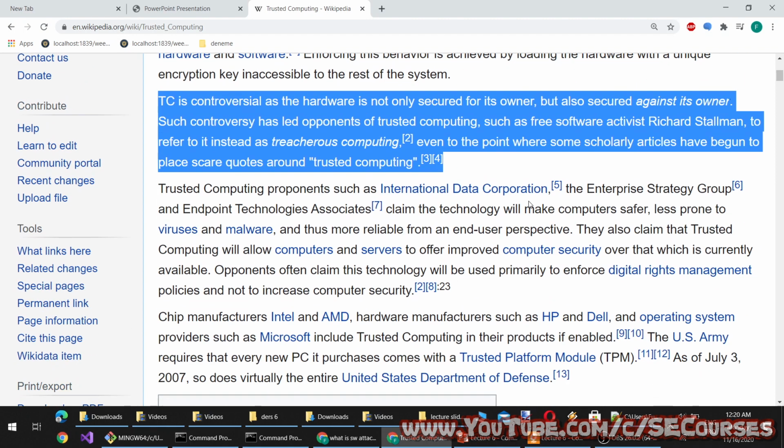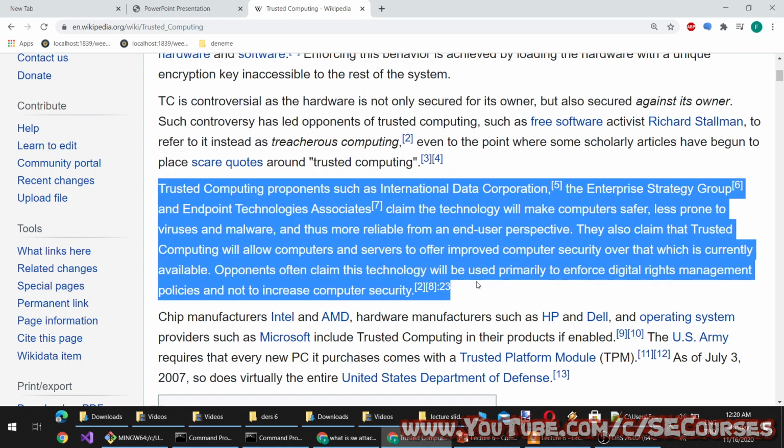TC is controversial as the hardware is not only secured for its owner, but also secured against its owner. Such controversy has led opponents of trusted computing, such as free software activist Richard Stallman, to refer to it instead as treacherous computing, even to the point where some scholarly articles have begun to place scare quotes around trusted computing.